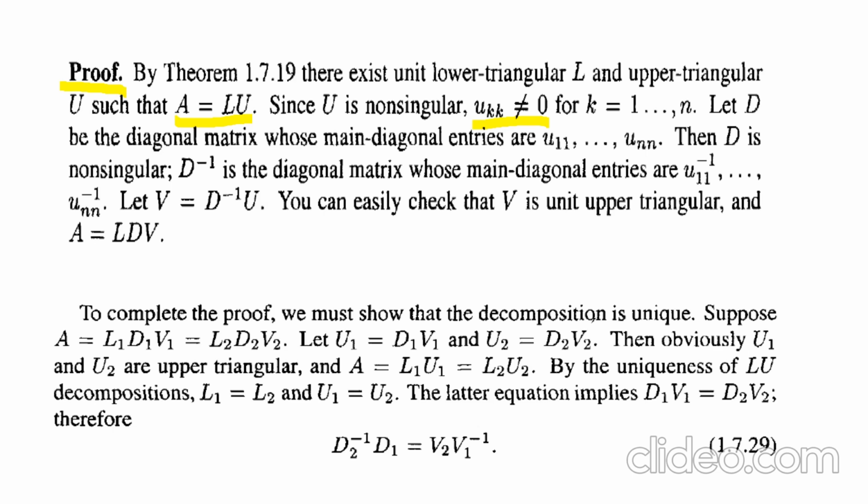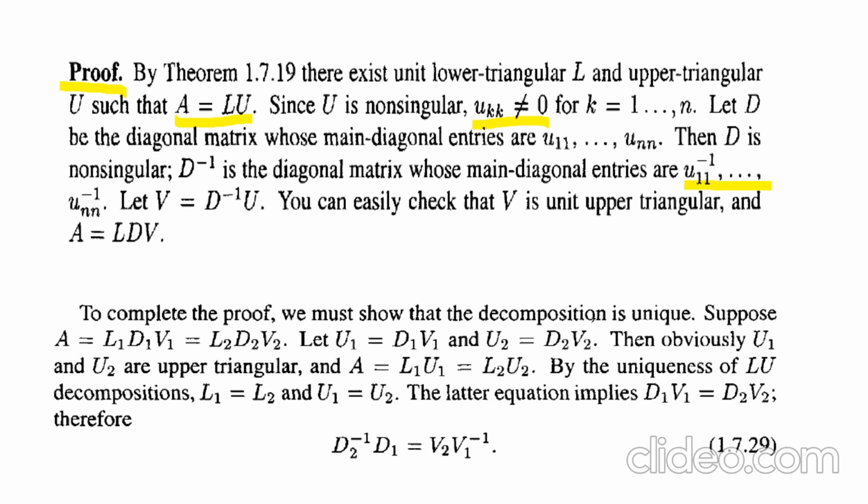Let D be the diagonal matrix whose main diagonal entries are U11, U22 and so on up to UNN. Then D is non-singular. D inverse is the diagonal matrix whose main diagonal entries are of this form.